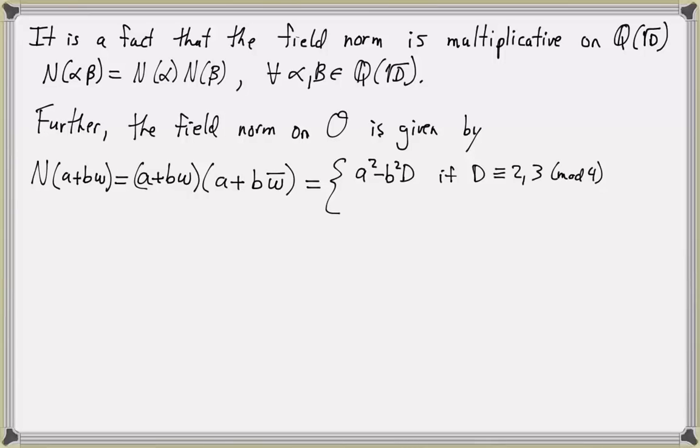But if d is congruent to 1 mod 4, then the field norm actually works out to be a squared plus ab plus (1 minus capital D over 4) times b squared. Again, this holds only when d is congruent to 1 mod 4.